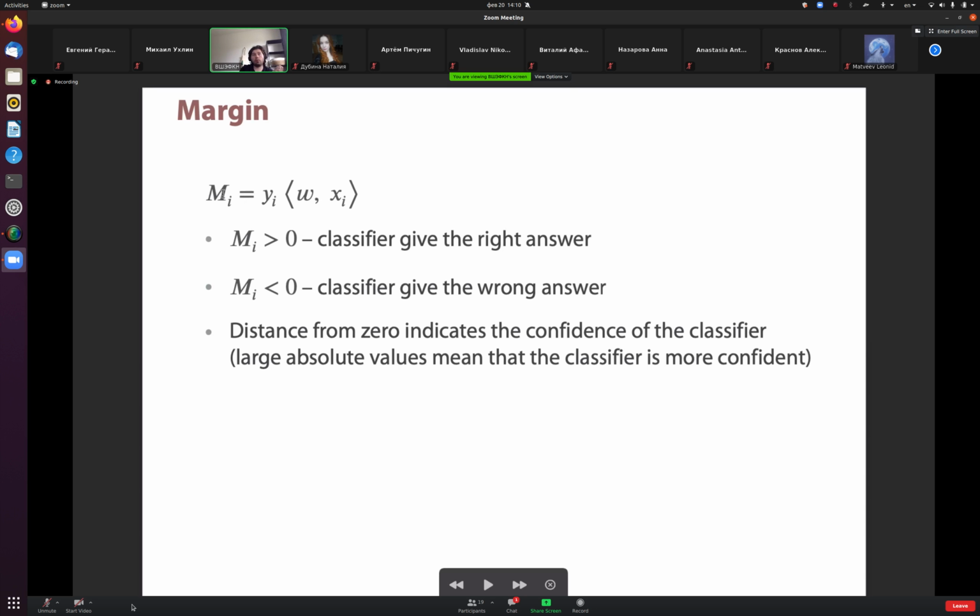So we can define that if the product of our linear model and the label is greater than 0, then we guessed right. It was negative and we get a negative number, it was positive and we get a positive number. If it's not the case, if there are different signs, it will be less than 0.